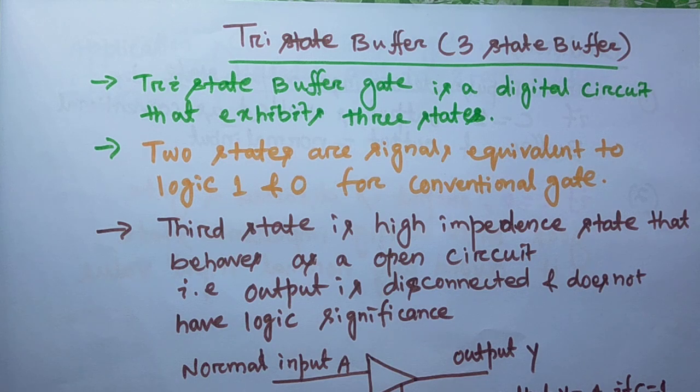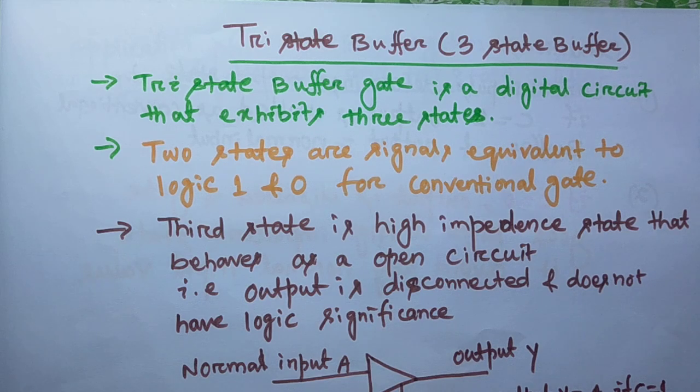Two states are the input and the output, but the third state is considered for the buffer gate as a tri-state.